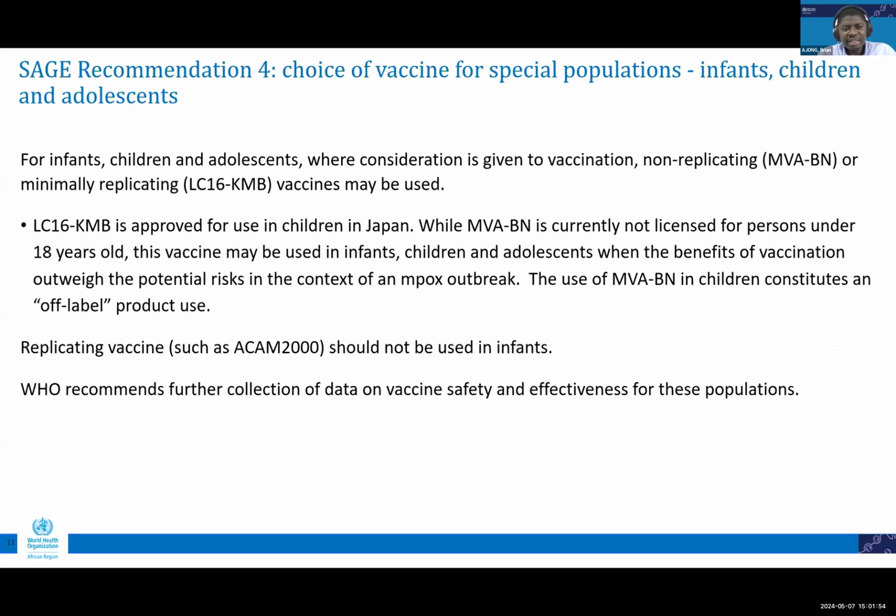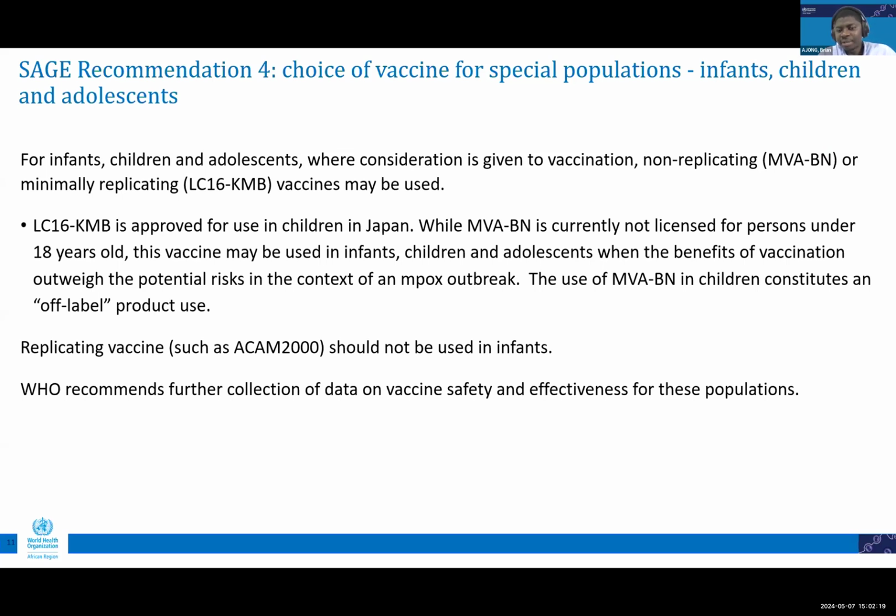For children, the LC16 vaccine is the one that has extensive safety data compared to the other mpox vaccines, and this is actually the vaccine that is recommended for use in children.